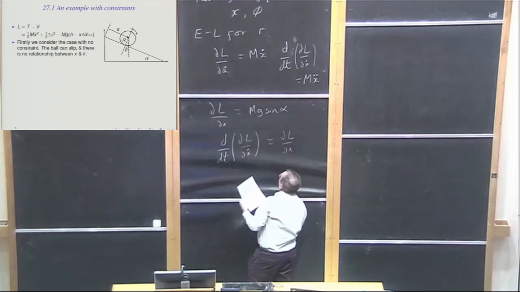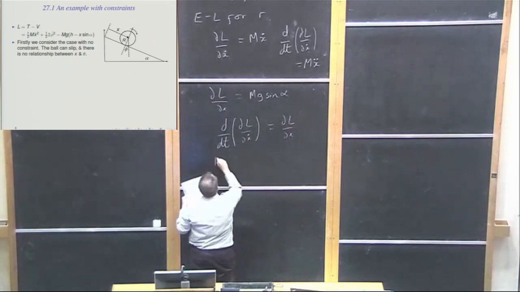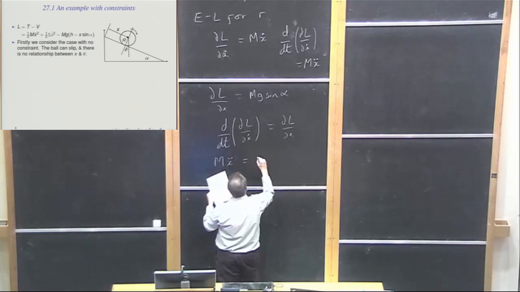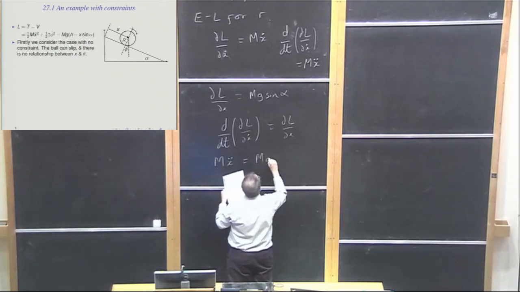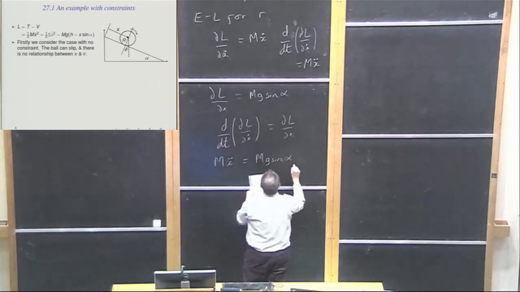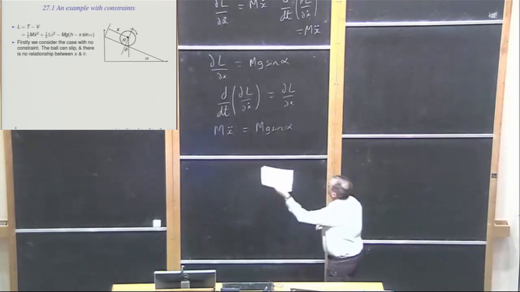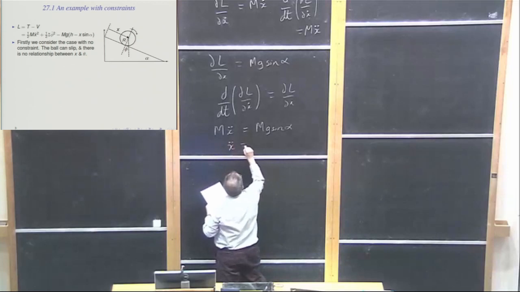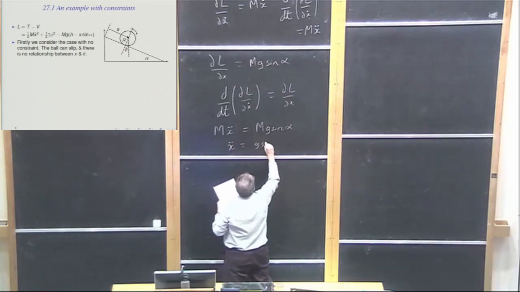So we have m x double dot equals mg sine alpha. So it is clear what's happening here. x double dot equals g sine alpha.